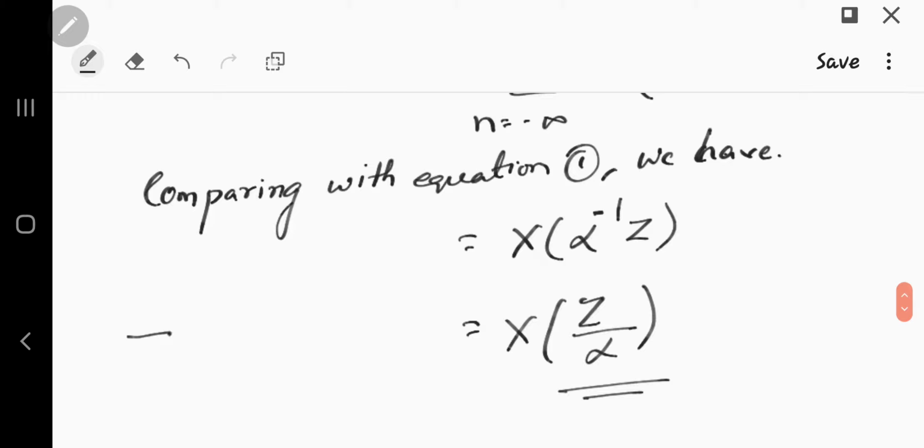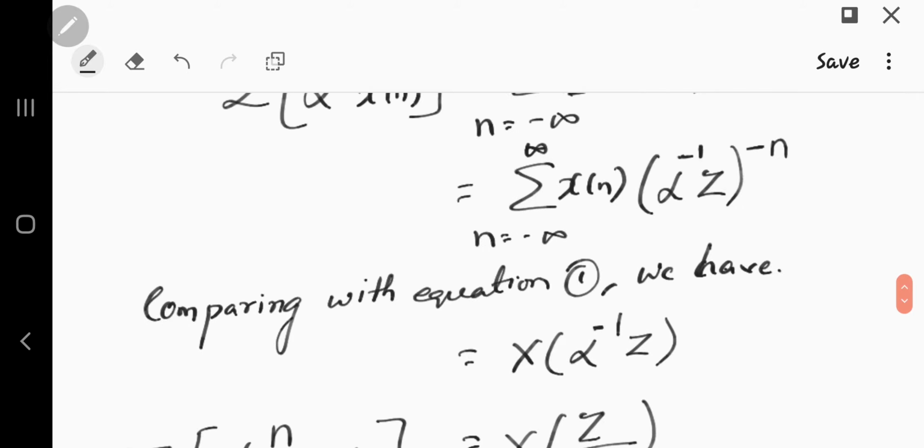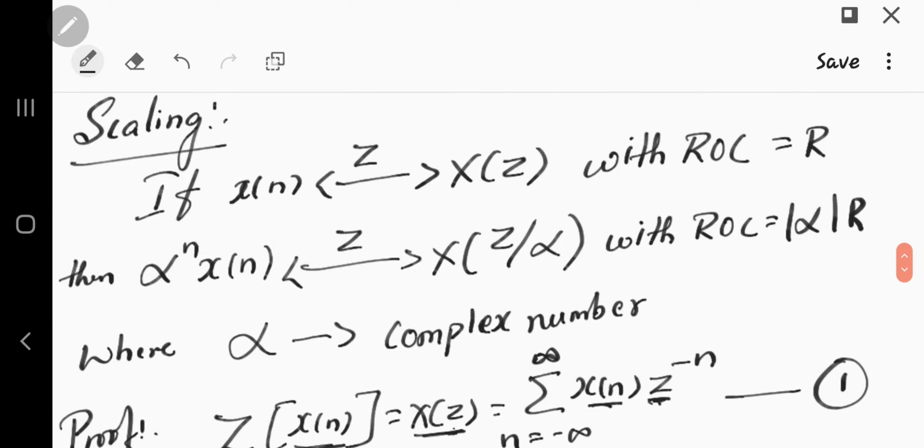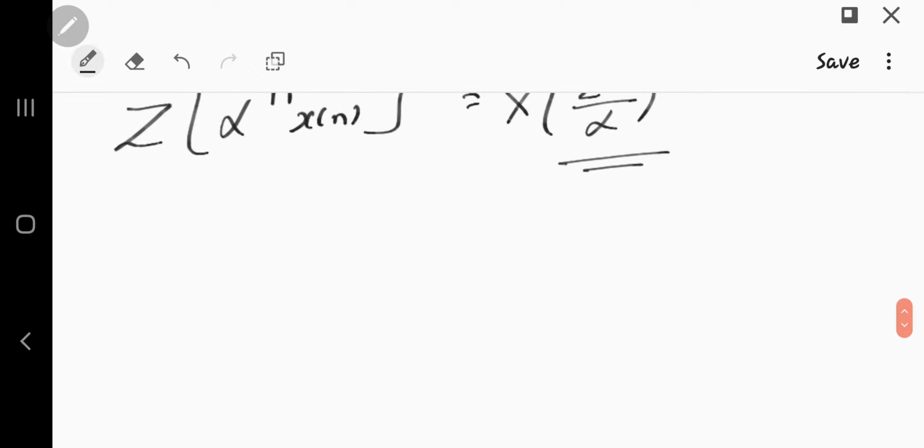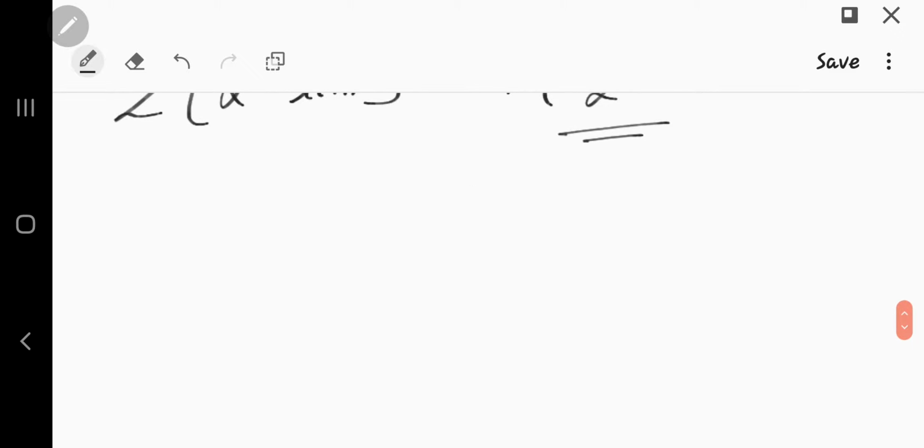Now to the left we started with z transform of alpha to the power n into x of n. So it says z transform of alpha to the power n into x of n is X of z divided by alpha. So that is the meaning of this. Hence it is proved here, where alpha is a complex number.